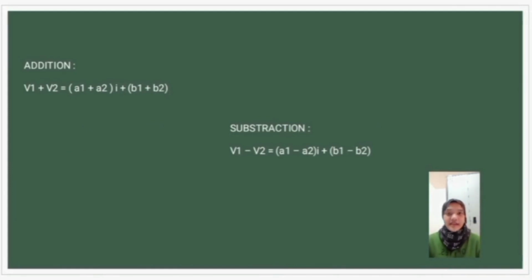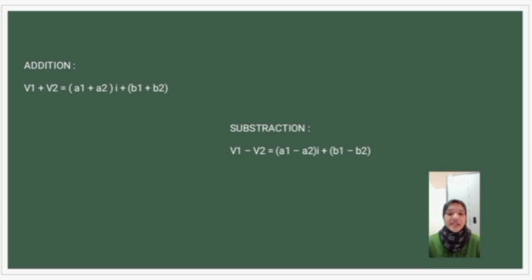For vector, there are two operations, which are addition and subtraction. The formula for addition is V1 plus V2 equal to (A1 plus A2) multiplied by i plus (B1 plus B2) multiplied by j.